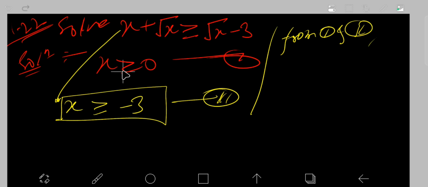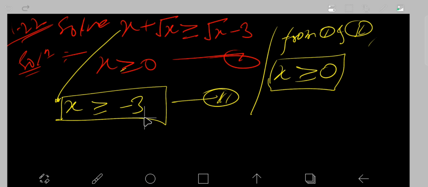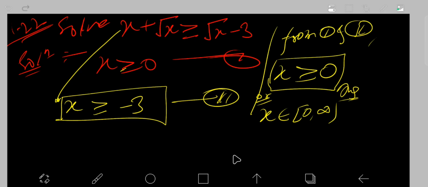Which condition is satisfied in both? When x is greater than or equal to 0, both are satisfied. This is my final answer. We also write x belongs to the closed interval 0 to infinity, because the equality sign is given.